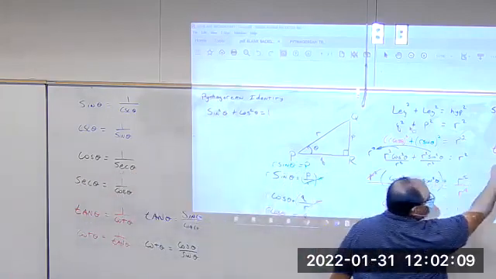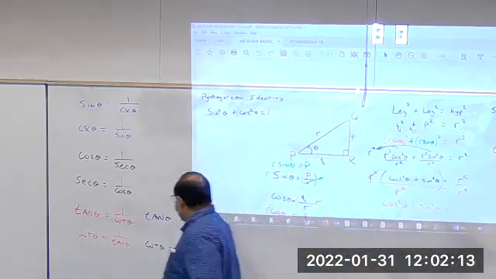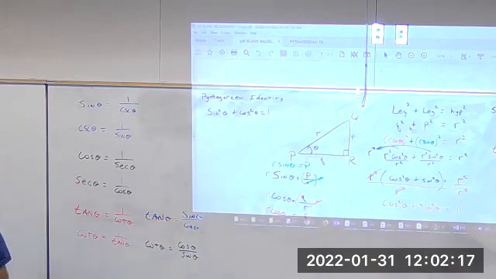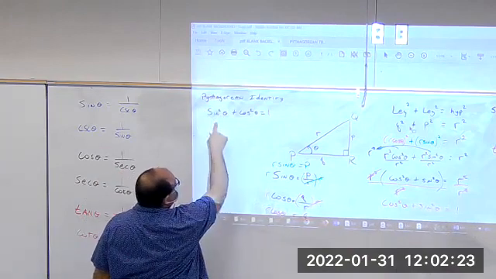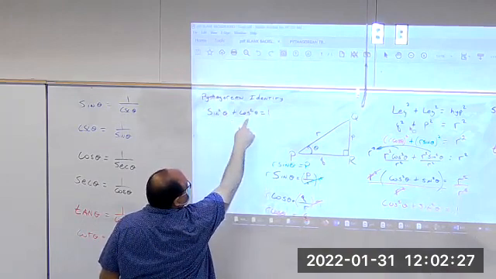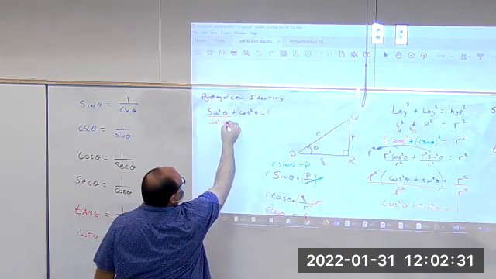You see tangent squared? To make tangent squared, tangent is made by sine divided by cosine. Sine over cosine. So all I need is sine in the numerator, cosine in the denominator. And then if I have cosine in the denominator, I want cosine squared in all the denominators.